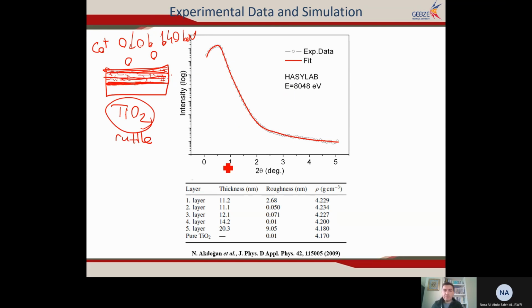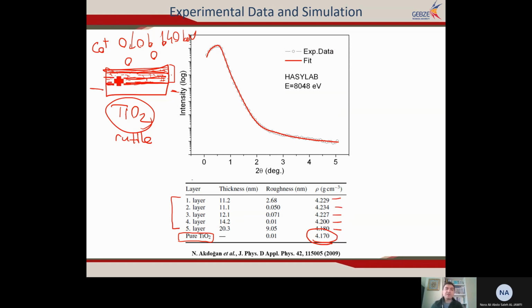So this is the simulation result. Here you see pure titanium dioxide where we don't have any cobalt ions. This is the electron density of the pure titanium dioxide. But in this part, more or less this thickness, we have different densities.